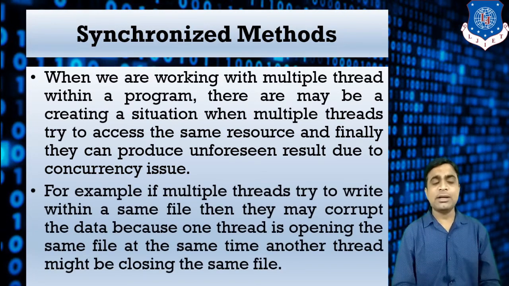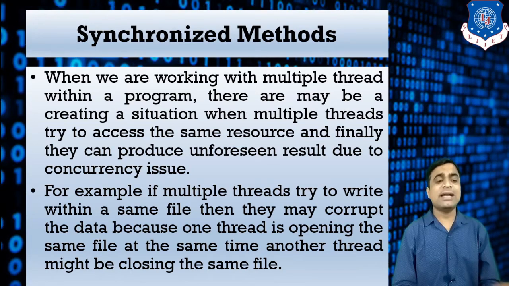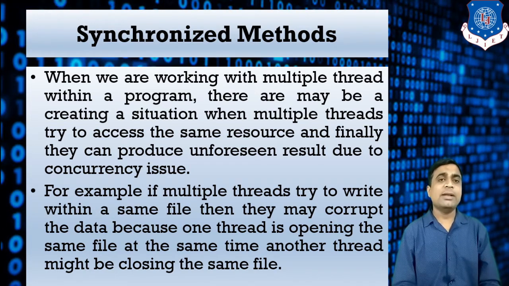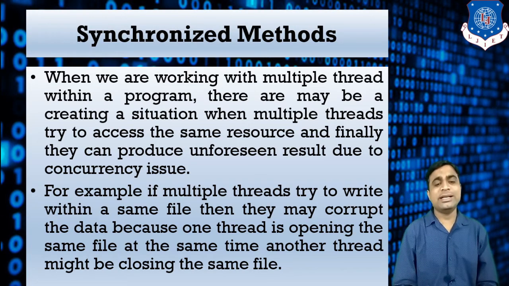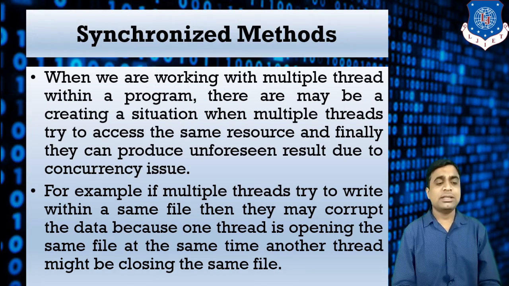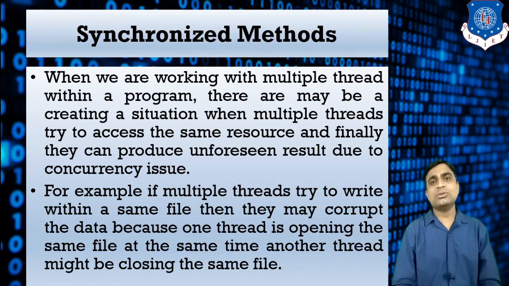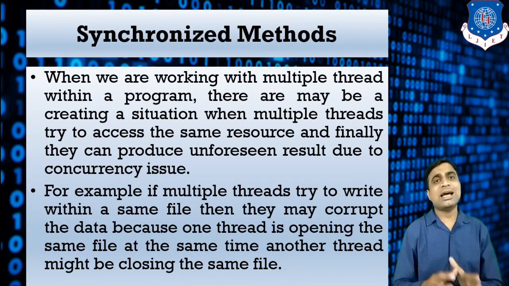For example, in file management, if multiple threads try to write to the same file, they may corrupt the data, because one thread is opening the file while another thread might be closing it at the same time. This happens where the resources are shared resources.